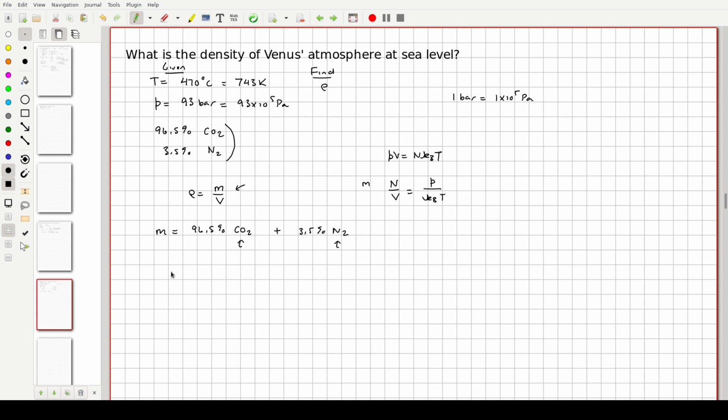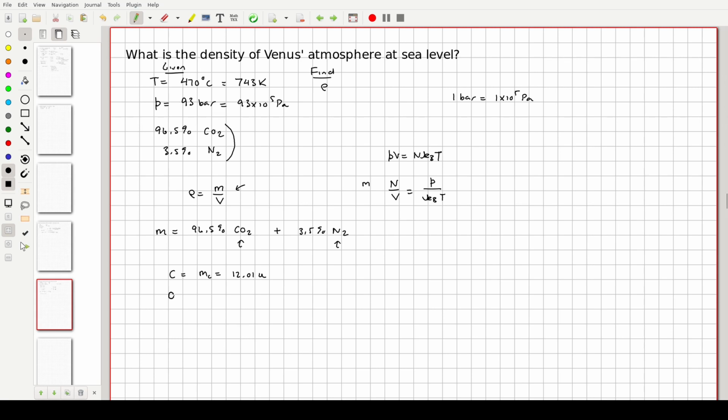If you look up a periodic table, carbon has a mass of 12.01 atomic mass units.